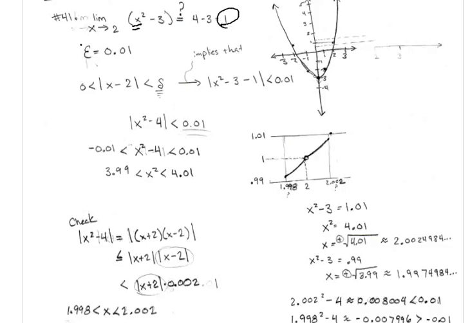They give us a height to try and find an associated width for. That height is 0.01.